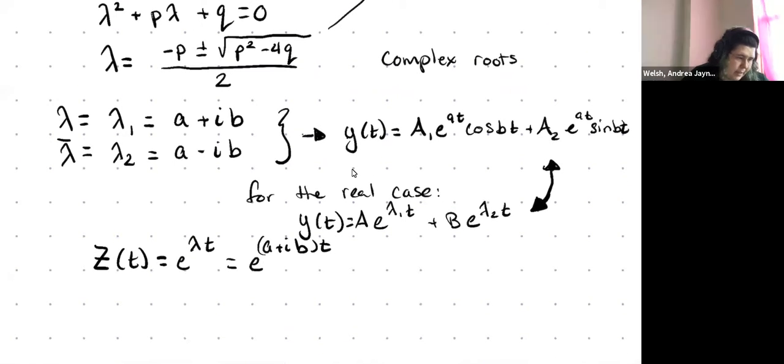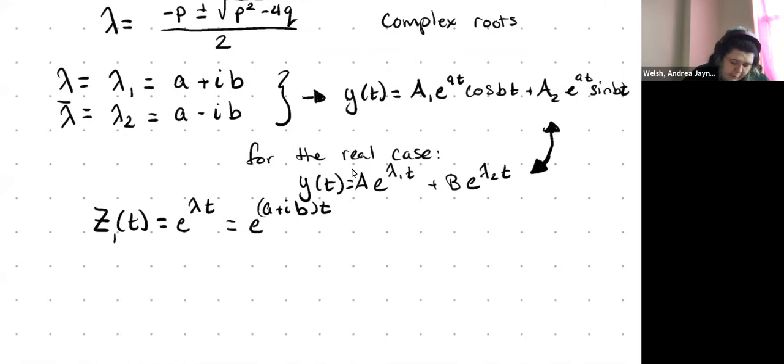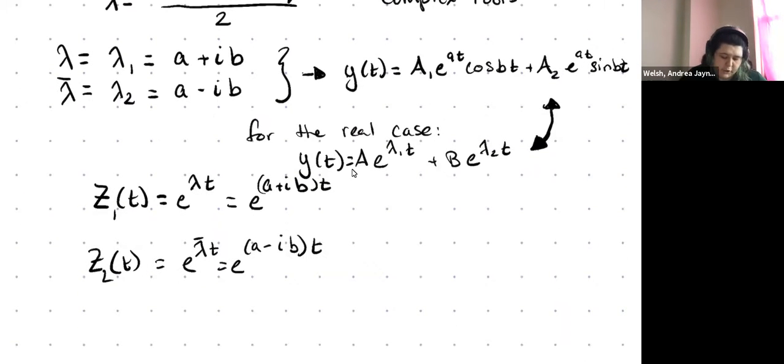That will be my z1 for now. And then z2, which is with lambda bar, is going to be e^((a−ib)t). So just some quick notes here.